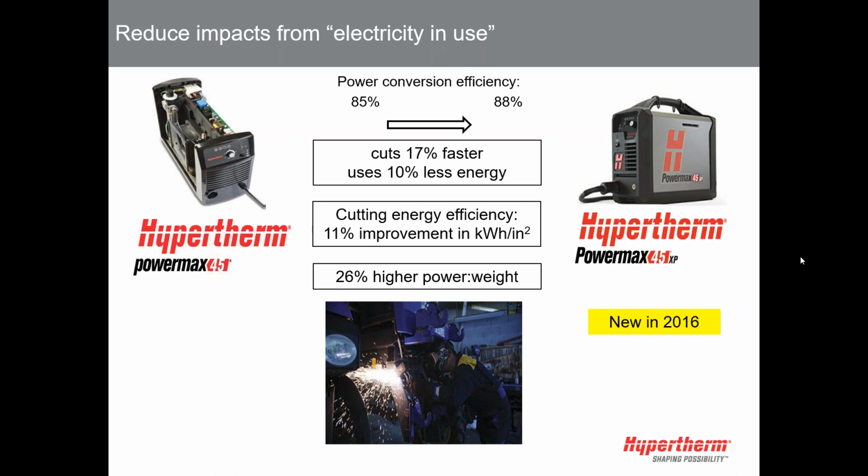That's what customers are really seeing in terms of productivity, is the length and thickness that they're able to cut. And this product saw an 11% efficiency improvement, as well as a 26% improvement in the power to weight ratio. So again, looking at the power, which is the output you want, versus the weight, which is that sum total of all the components and resources that are going into it. Next slide.